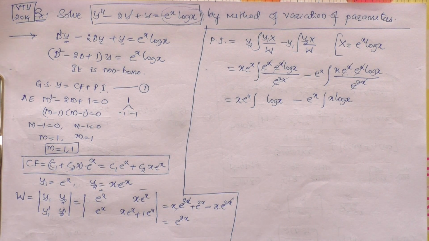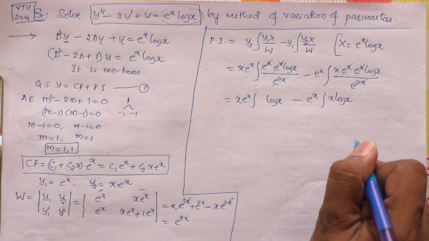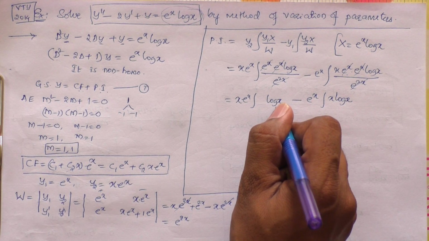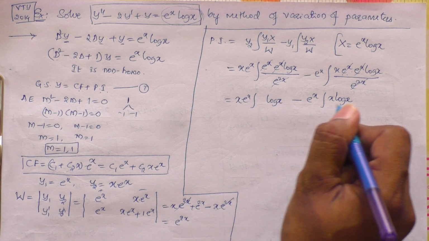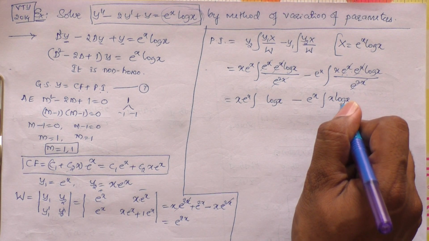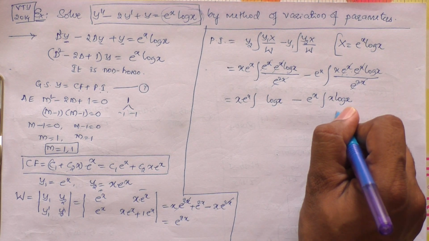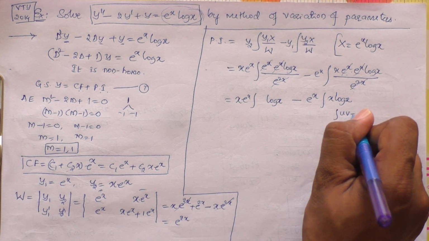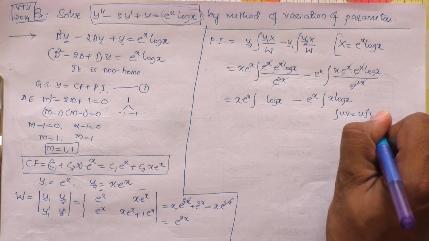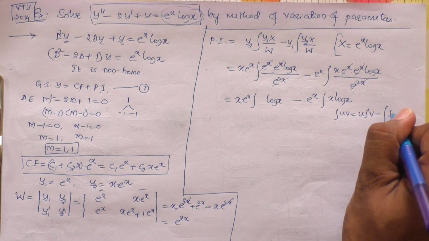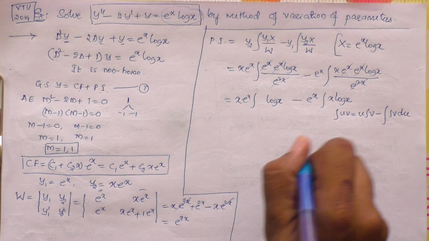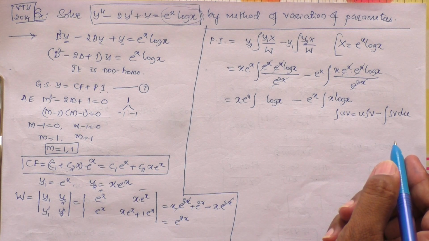So now we need to evaluate these integrals. So here log x, we don't know the result for log x, and also we need to simplify this by the product rule. So we know the product rule. The product rule is integration of u into v is u into integration of v minus integration of v into differentiation of u. So like this we have the product rule.